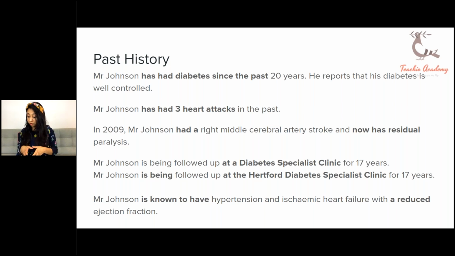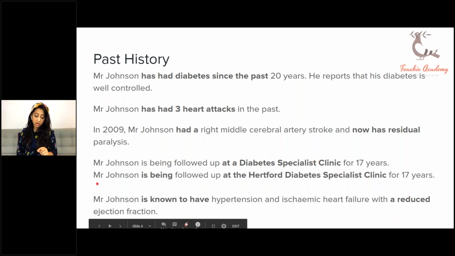Now that we were talking about "a" and "the", and we talked about it quite a lot, notice the difference between the two sentences here. Mr. Johnson is being followed up at a diabetes specialist clinic versus the second part, Mr. Johnson is being followed up at the Hartford specialist clinic.